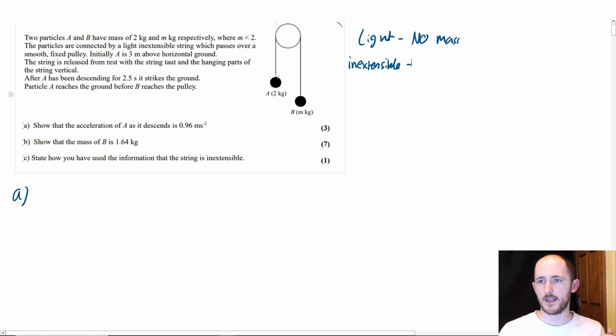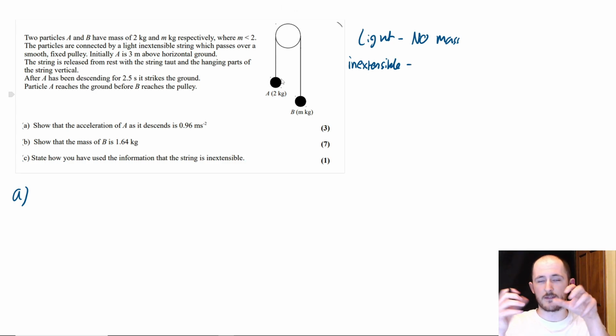Well, it means that both of these masses are going to move at the exact same time, and the same rate as well. Because if you think about it, it's like they're being held by a rod, if you like to think. So either side of this pen, right? If I push one side, the other side instantaneously moves.